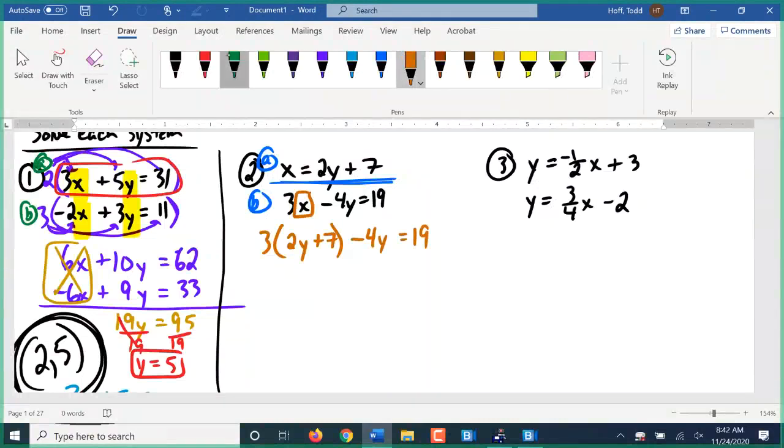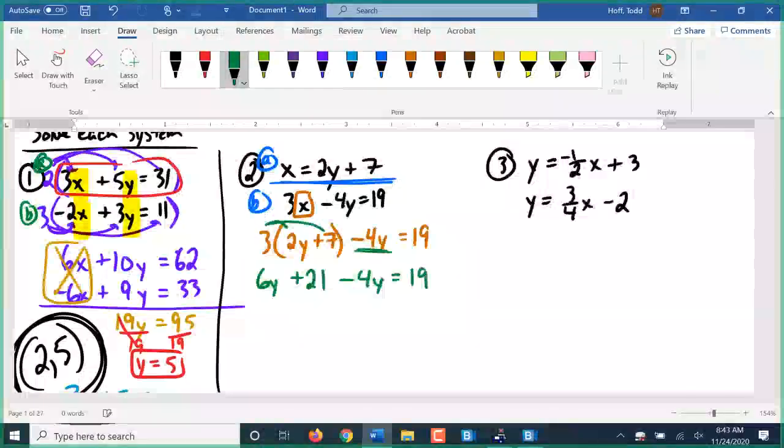And now I'll just distribute the 3. 3 times 2y is 6y. 3 times 7 is 21. The negative 4y here is outside the parentheses, so it does not get multiplied. But I can still combine like terms on the left side.